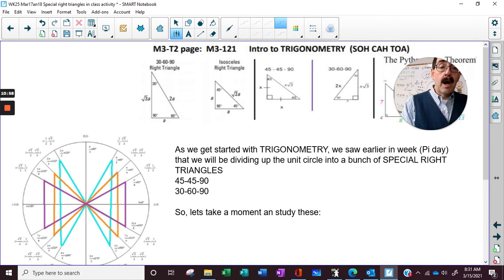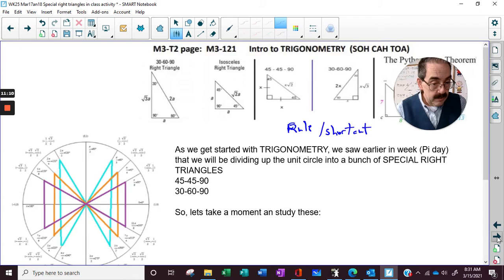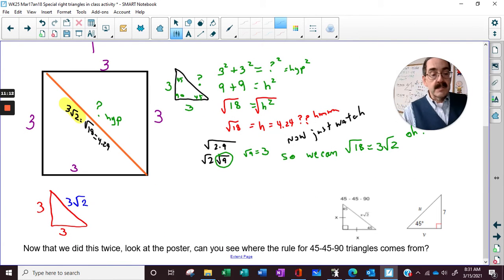So we need a rule. We need a shortcut to calculating these lengths quickly. Okay? So now at the bottom of your paper, here's the rule. Here's the shortcut.